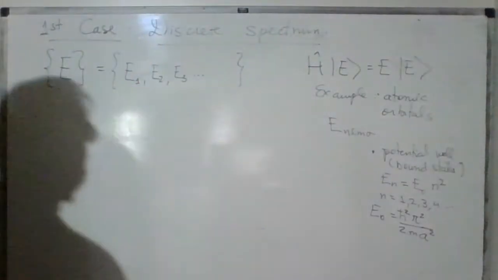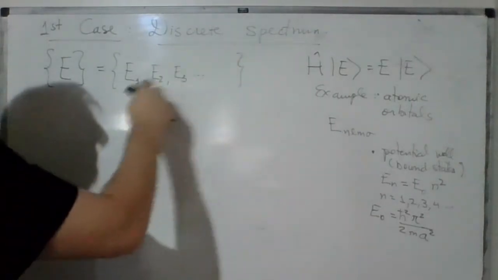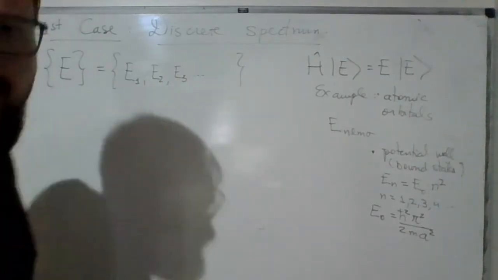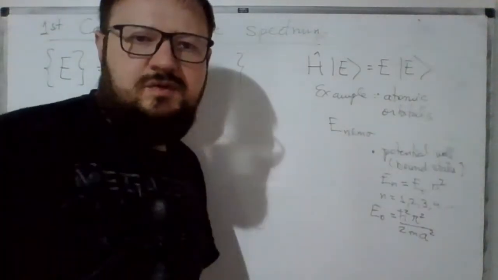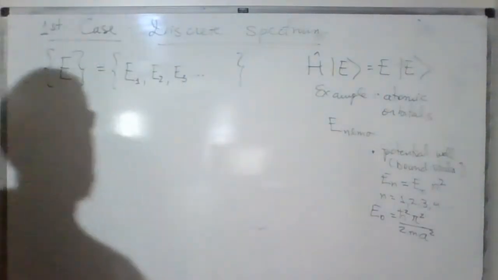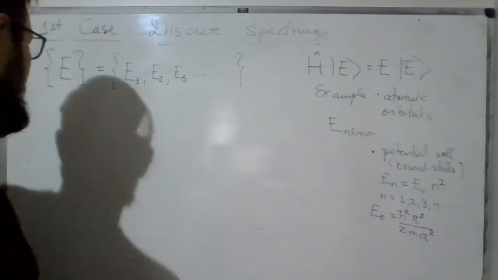finite set. Okay, so for this discrete spectrum, you need that the energy levels can be countable, okay, can be numerated by integers or some discrete set of numbers, okay.